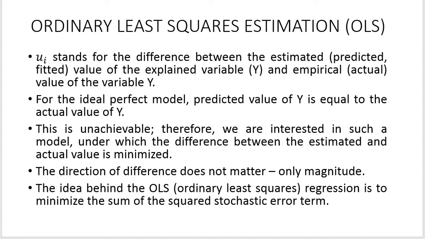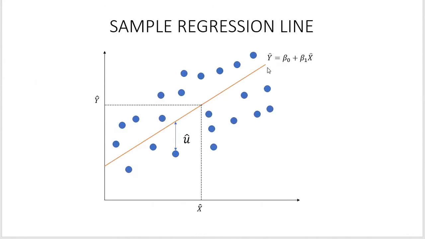However, what you can do is try to minimize it, to make it as small as possible. When we design a model, we keep all of those observations in mind. So it's not only about minimizing a single stochastic error term, it's about minimizing the sum of all the error terms.